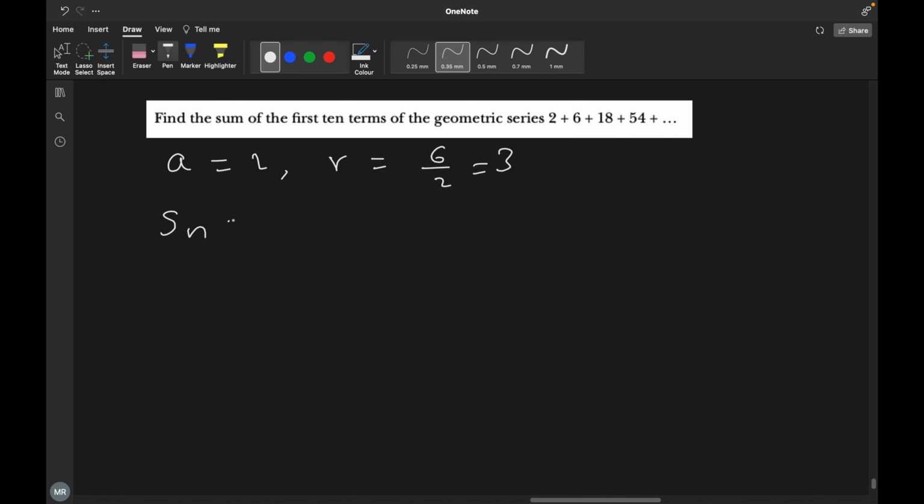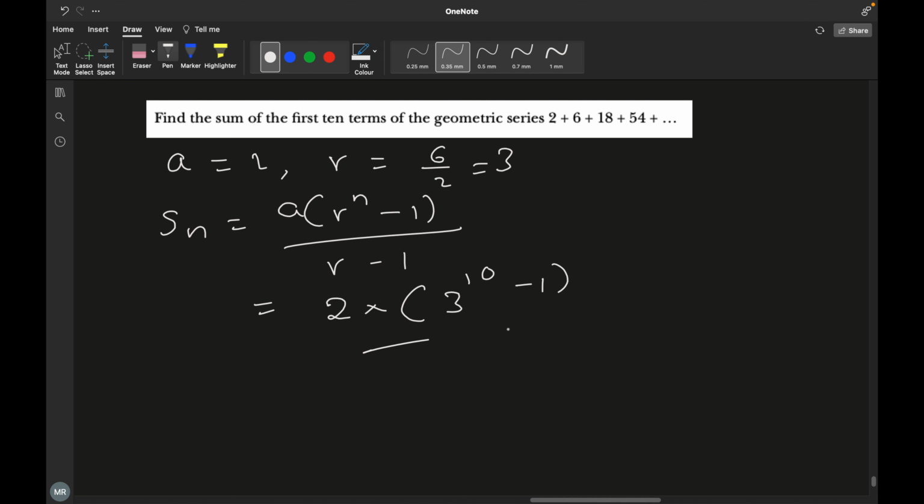Let's use the formula: a times r to the power of n minus 1 divided by r minus 1. a is 2 multiplied by, what's r? r is 3. We have to find the first 10, right? So 3 to the power of 10 minus 1 divided by 3 minus 1.